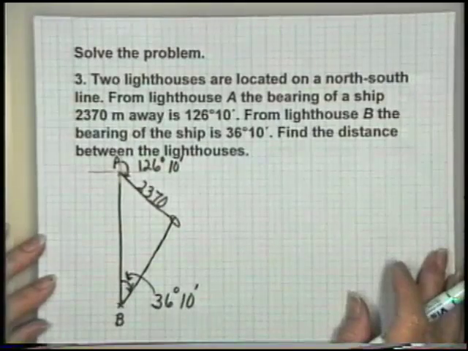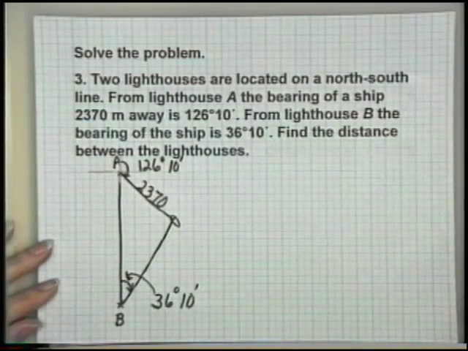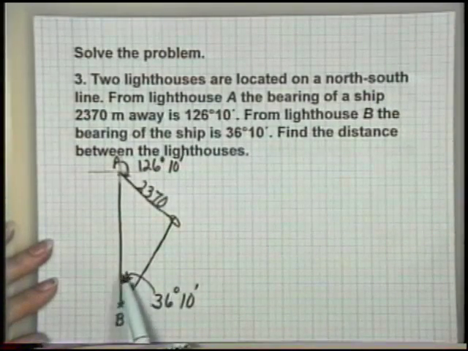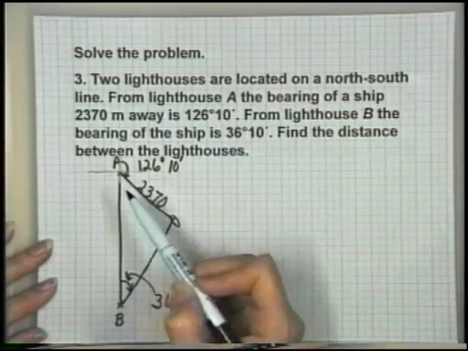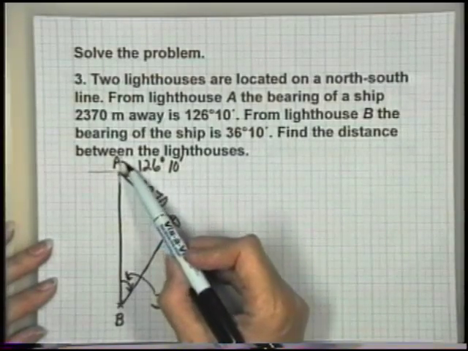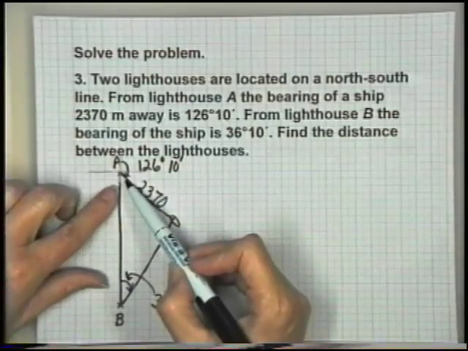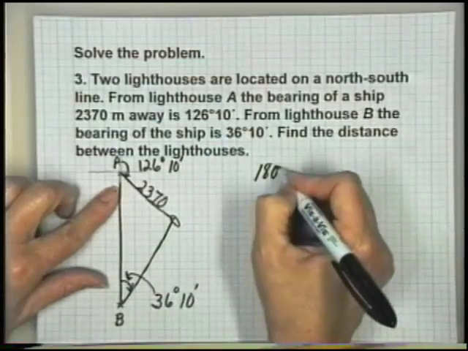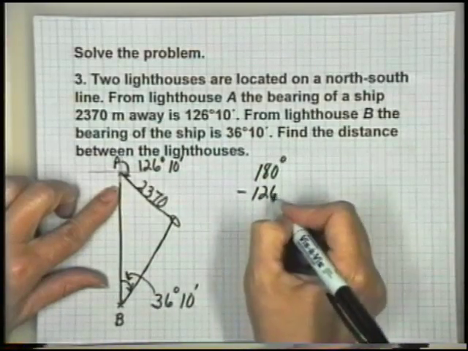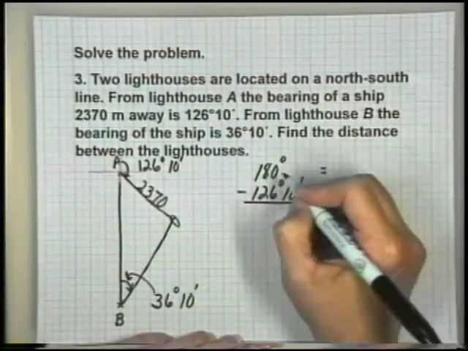Now, do I know this is a right triangle? Well, no, I don't know that, do I? But what can I figure out? I can figure this angle out right here the same way I did in that last problem. I know all the way down here is 180, so to figure out what this angle is, if this angle is 126 degrees 10 minutes, I will subtract 126 degrees 10 minutes from 180.